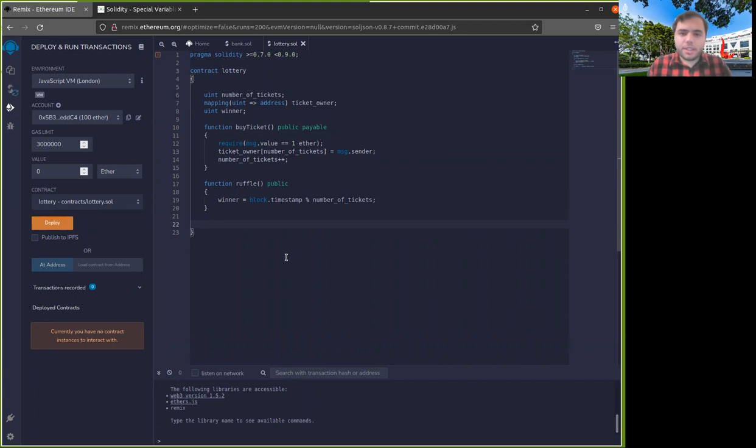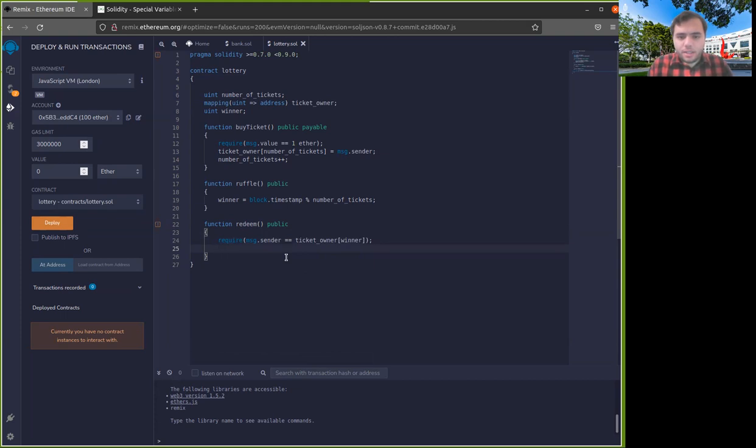And well, let's say I have another function for redeeming the prize. So let's call this redeem. And this is public as well. And the idea is that whenever someone calls redeem, we first require that the person who's calling this is actually the winner. So I want to require that the sender is equal to the ticket owner of the winning ticket, where winner is the number of the ticket.